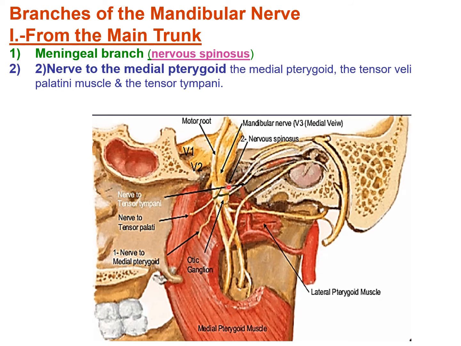The nervus spinosus or the meningeal branch enters the skull back through foramen spinosum along with the middle meningeal artery. Thereby, it supplies the dura mater of middle cranial fossa. Talking about nerve to medial pterygoid, it supplies the medial pterygoid muscle. Also, it supplies the tensor veli palatini muscle and also the tensor tympani muscle.